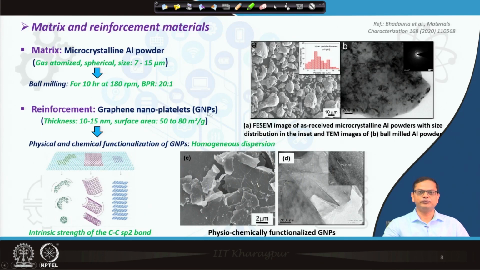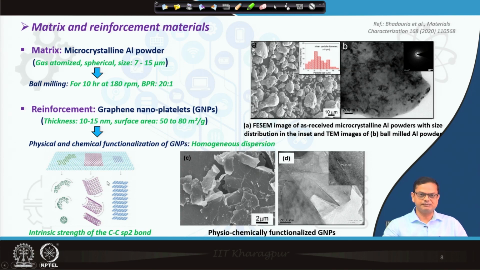So, the matrix, as I mentioned here, these microcrystalline aluminum powders have been ball milled to make them nanocrystalline. As you can see here, after ball milling for a certain time, using certain parameters, the powders become nanocrystalline. And then the reinforcements are basically graphene nanoparticles.